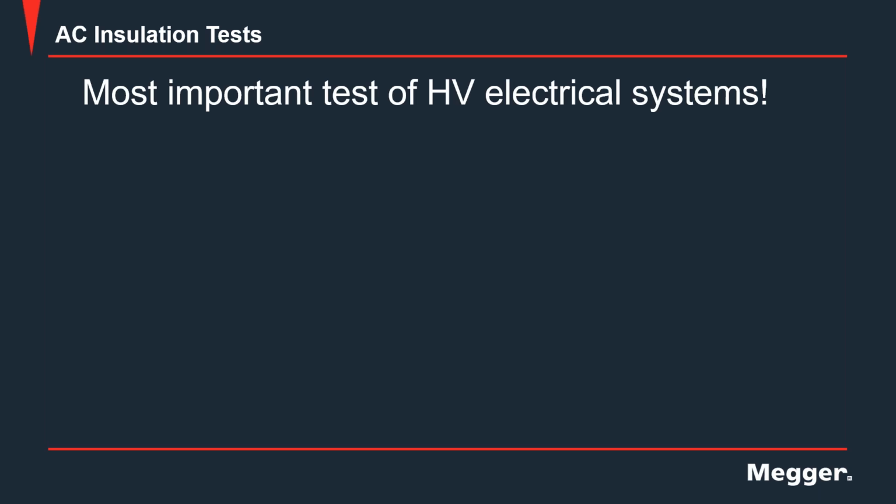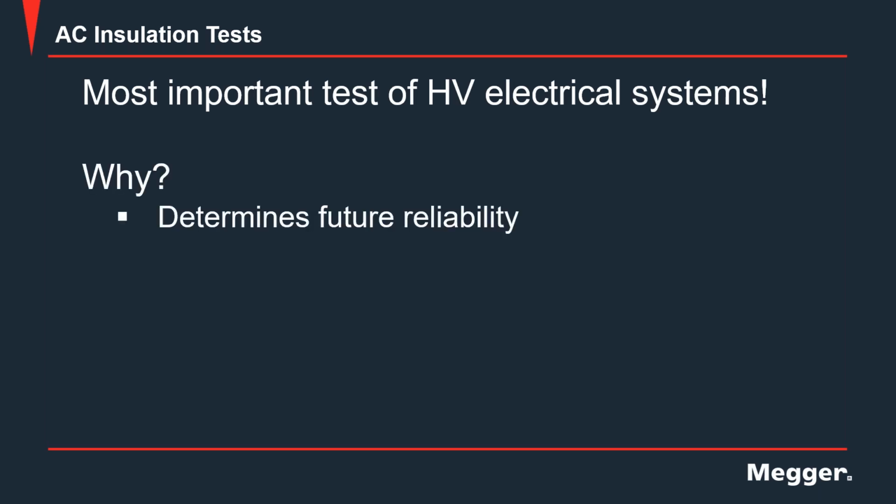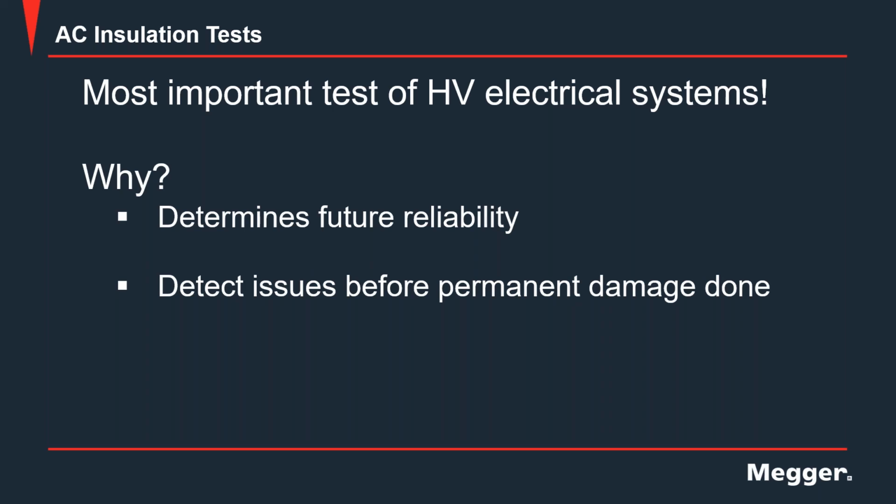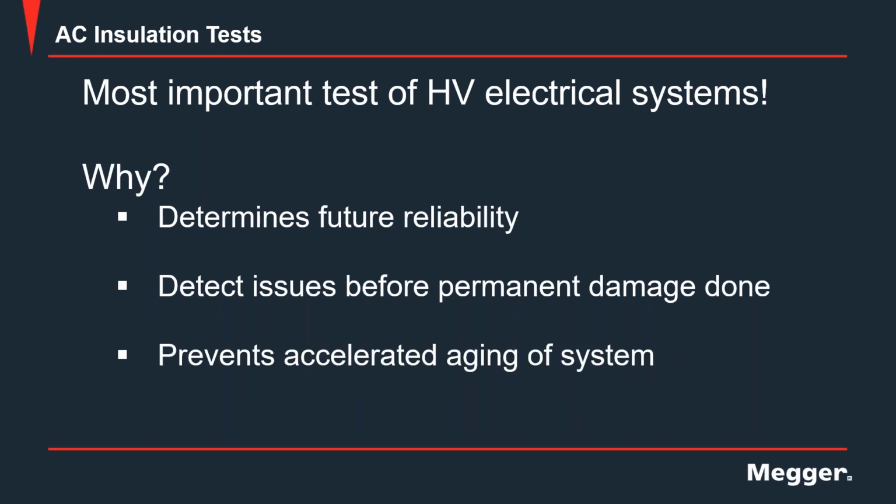First, because it's telling us what the condition is and how reliable is the use of this high voltage piece of equipment. Then it allows us to detect before permanent damage is done. It allows us to detect any potential issue that is going on, and of course prevents accelerated aging of the system. So this is part of our proactivity.